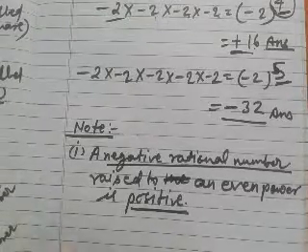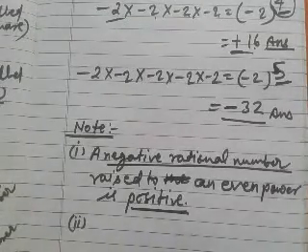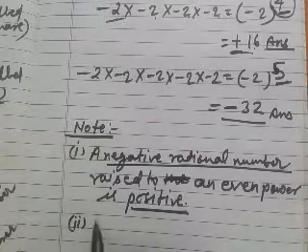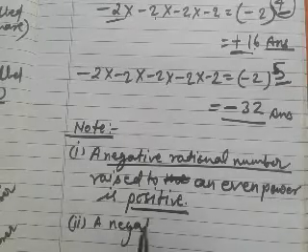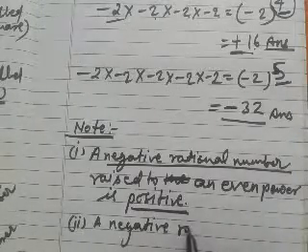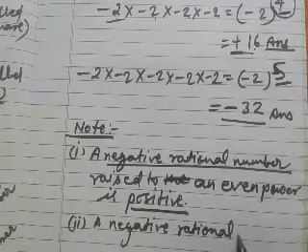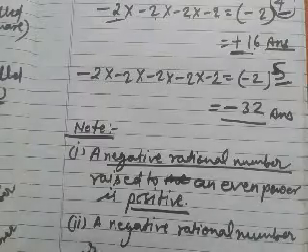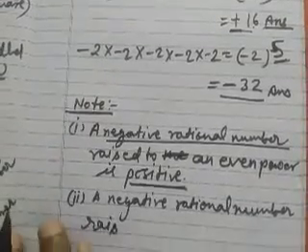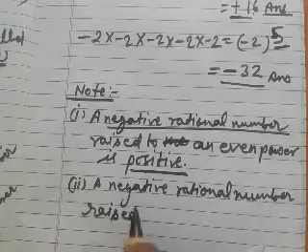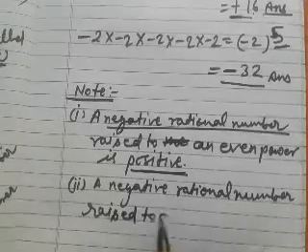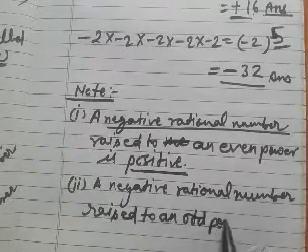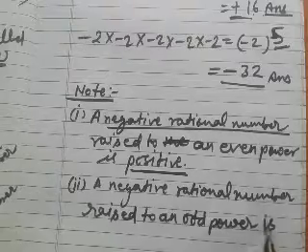Another point is that a negative rational number raised to an odd power is negative.